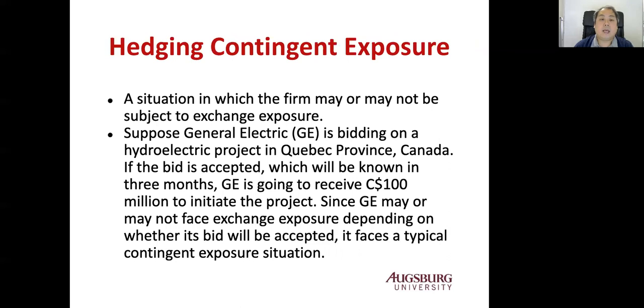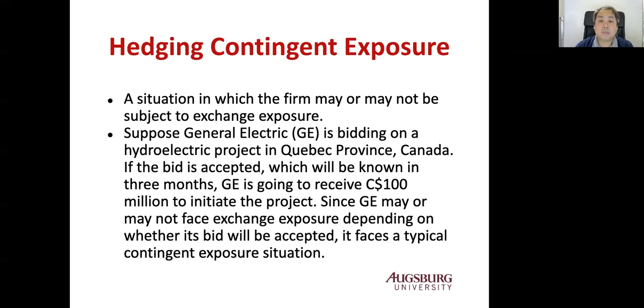Okay. Contingent exposure. Contingent exposure is a situation in which the firm may or may not be subject to exchange exposure. So sometimes we are not sure that we need to pay or not. Okay, so this is the case. Suppose GE is bidding on a hydroelectric project in Quebec, Canada.